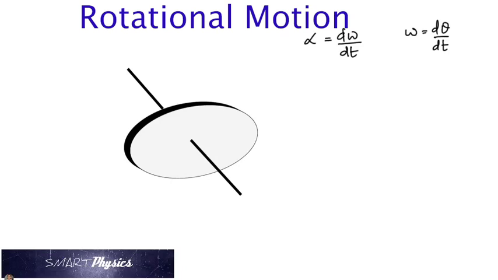Then there are kinematic equations that come up, like omega final is equal to omega initial plus alpha t. Isn't this similar to Vf is equal to V naught plus at? So make those connections. This is another one.